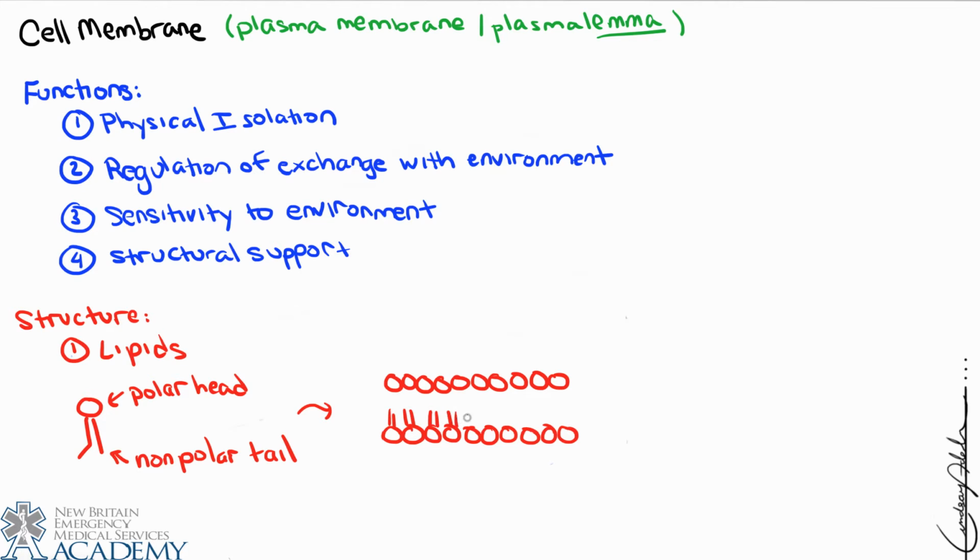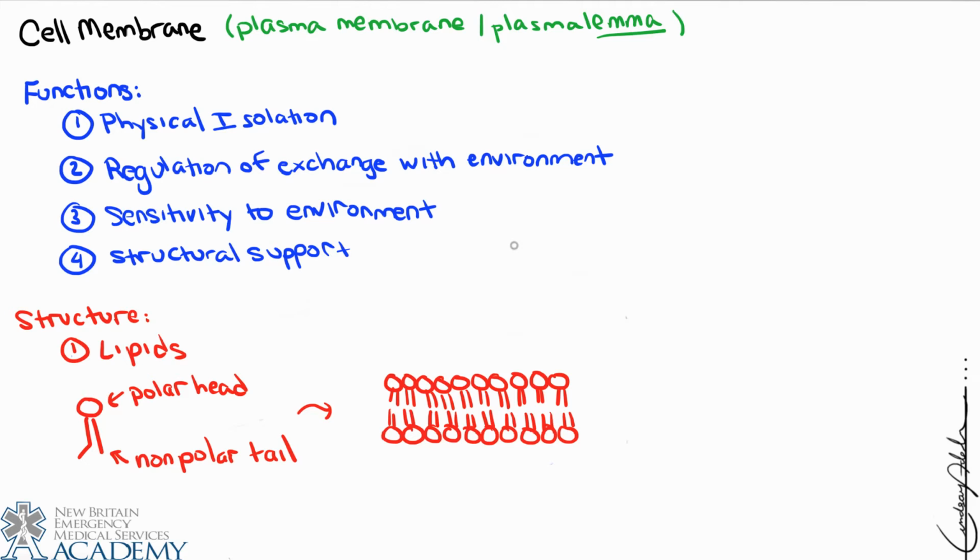What we do to build the membrane is we string a bunch of these together, and we can make a double layer. The polar heads orient away from each other and the nonpolar tails orient towards each other. The reason for this is that we're going to place this structure in water.